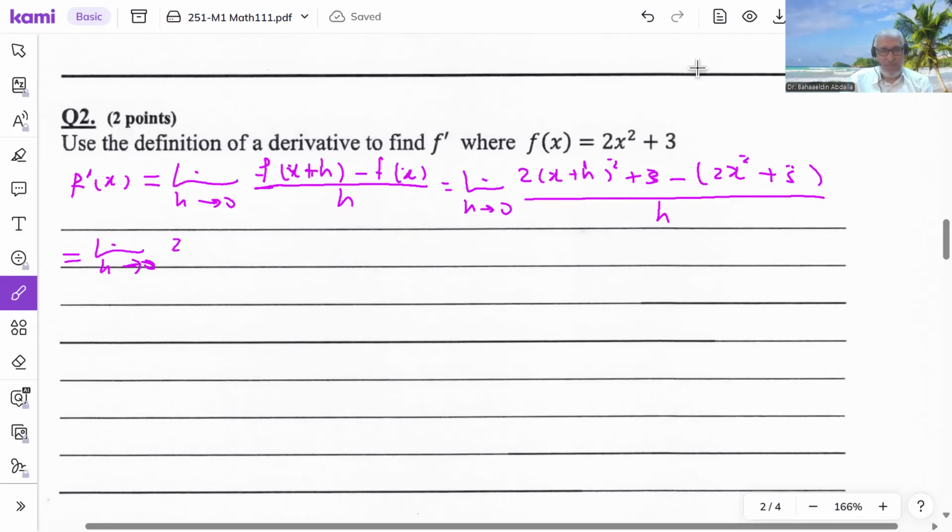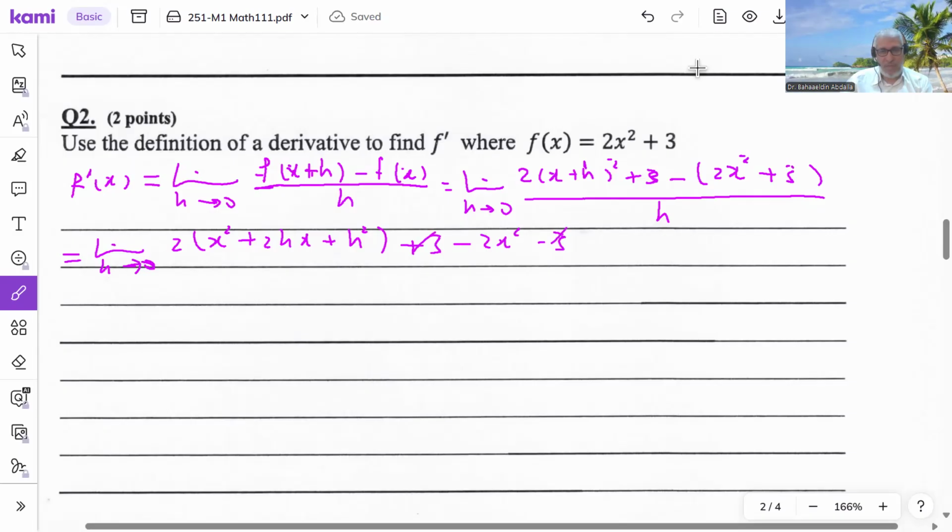And now let us expand. So x plus h squared will be x squared plus 2hx plus h squared. It is not x squared plus h squared. There is a third term, plus 3, and I multiply the negative sign, negative 2x squared and negative 3.